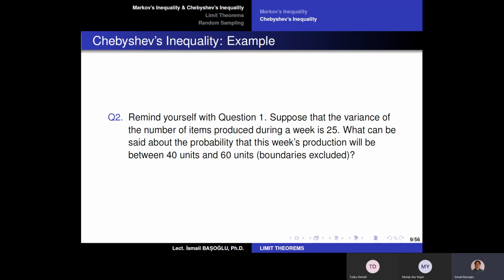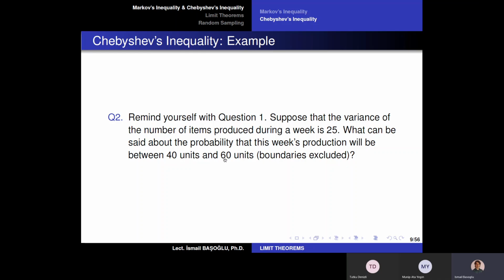So right now, we know not just the expected value of the number of products produced weekly, we also know its variance. So we know two things about that random variable. The question is asking me, again, without saying anything about the probability distribution: what can be said about the probability that this week's production will be between 40 units and 60 units, boundaries excluded?